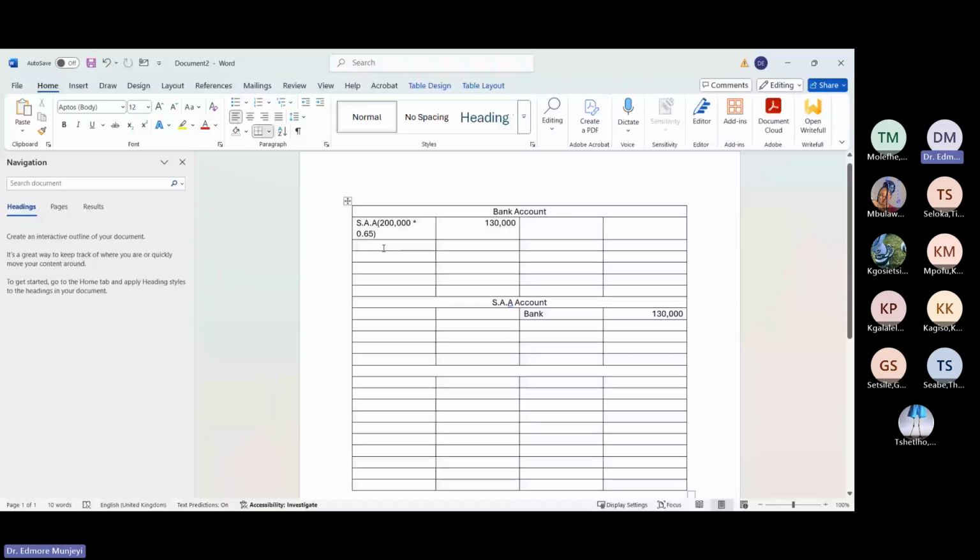So share application and allotment account equals 100,000 times 0.55 minus 16,250.